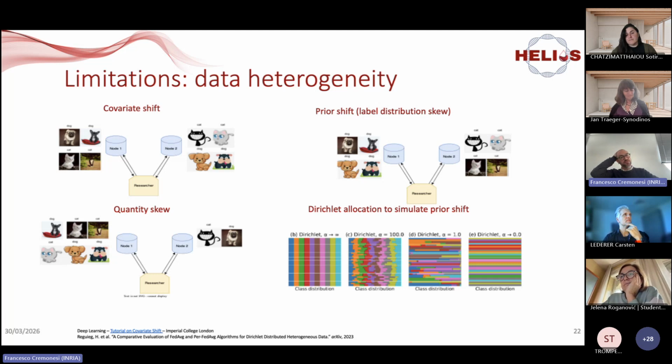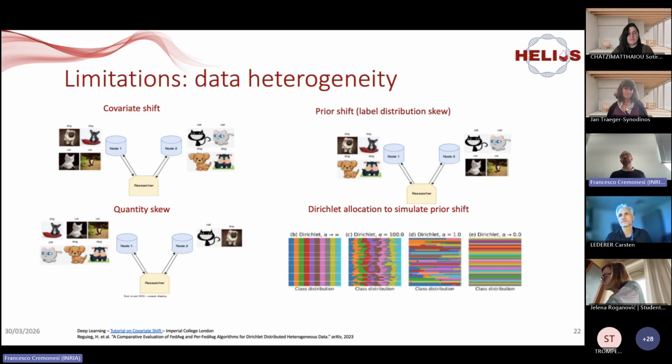The second limitation, and this is more from the algorithmic side, is that it can actually be proven mathematically that if your distribution of data among the different clients is very heterogeneous, then your federated learning model will suffer a lot.